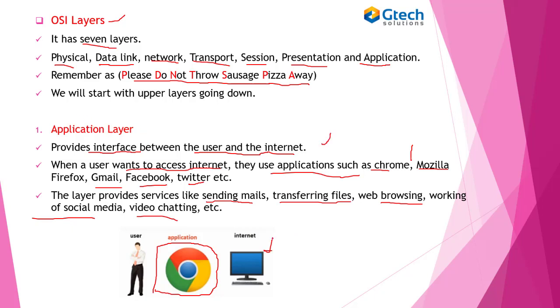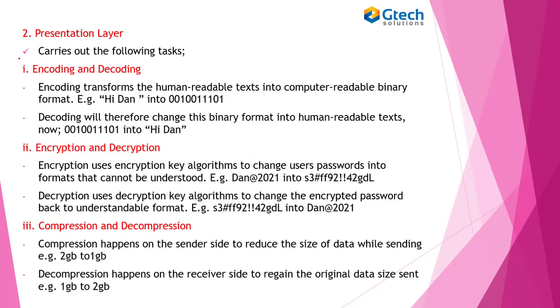Okay, let's move to the next topic. Presentation layer. The presentation layer is the second upper layer of the OSI model, and it carries out the following tasks: encoding and decoding.